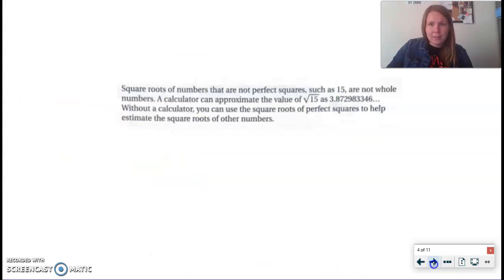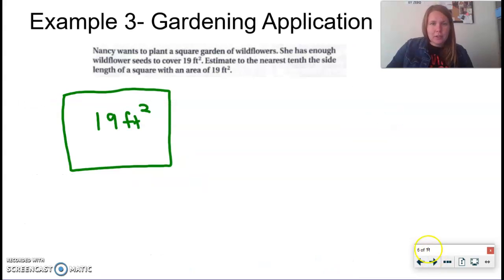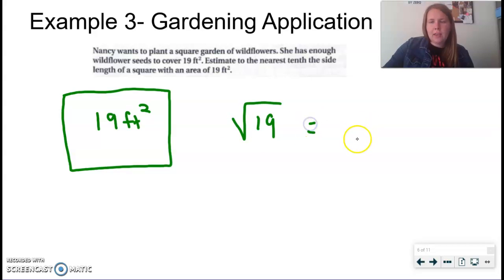Let's test that out. Again, it's an estimation. So estimate the nearest tenth of the side length of a square. So we're thinking if we take the square root of 19, I'm going to say that it's maybe 4.3. I don't know yet.